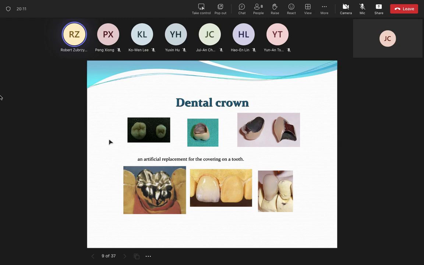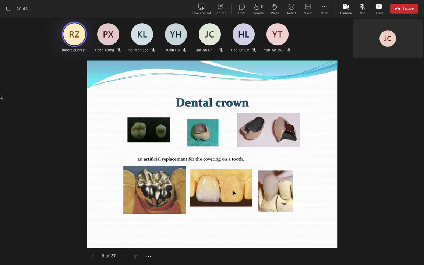The second group is dental crown. So it's an artificial replacement for the covering of the tooth. And of course, again, we have many types of it. We have all metal crown. PFM means porcelain fused to metal crown, like on the top, and all ceramic crown, when we have only the ceramic part.